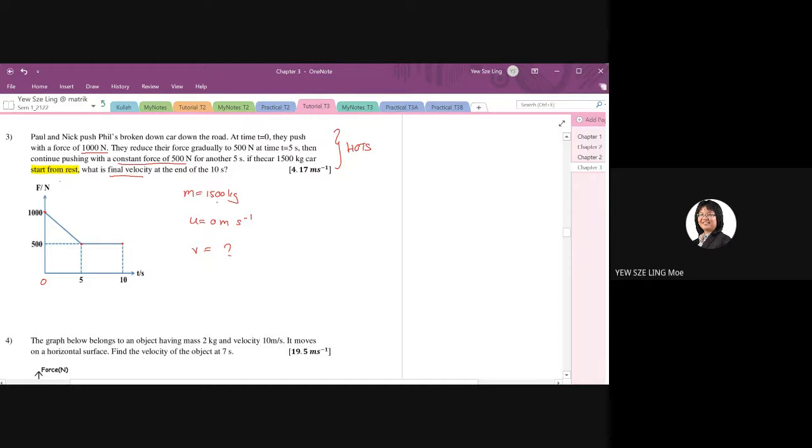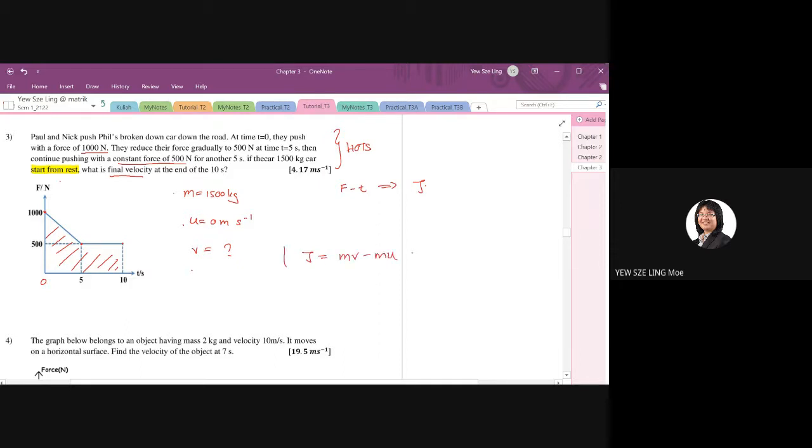But you can calculate impulse from the graph, because now you have an F-t graph. Whenever you have an F-t graph, remember the information that you can get is impulse. So if you have impulse, initial velocity, and mass, can you find the final velocity? Yes, you can, by applying J equals mv minus mu.